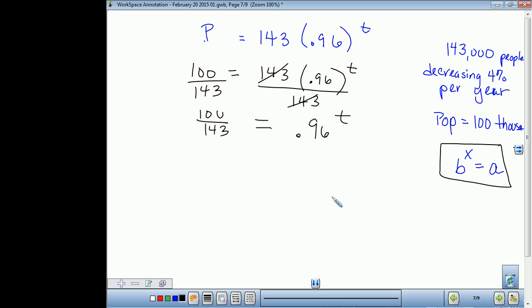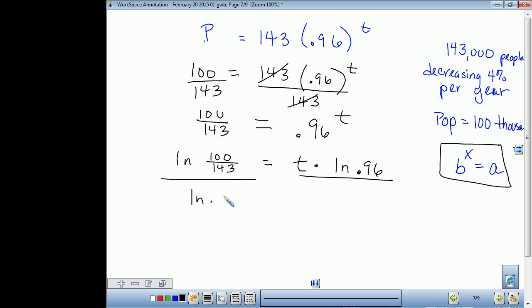Now we can take the log or natural log of both sides. And when we do, that t comes out in front. And to solve, all we do is divide by natural log of 0.96. Please punch it in.